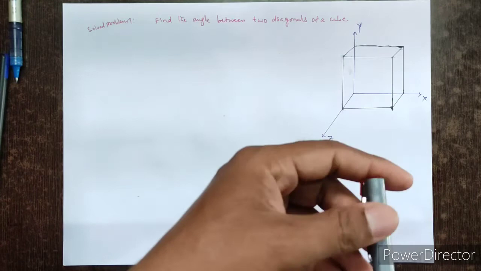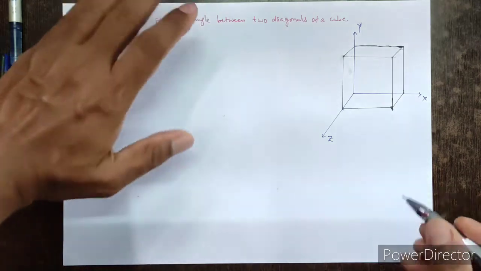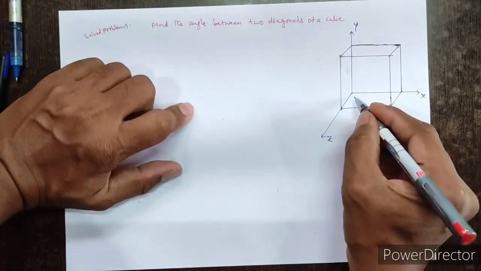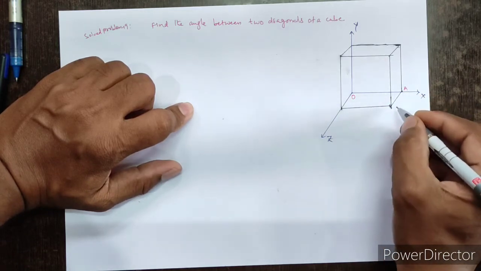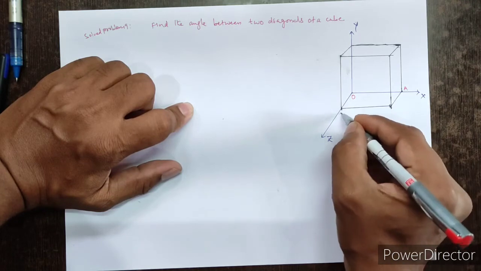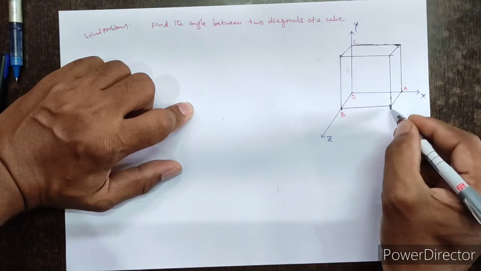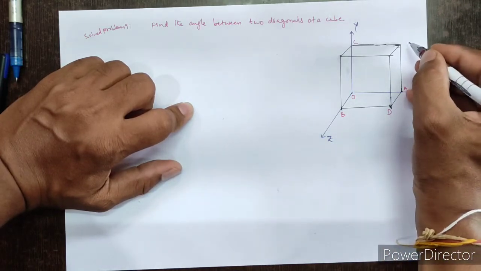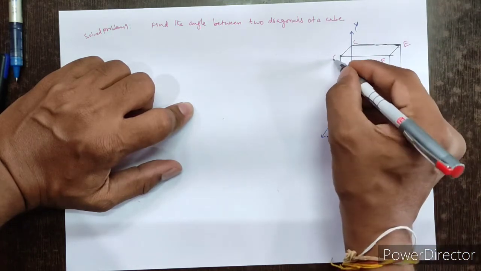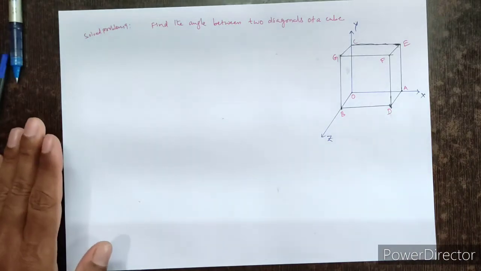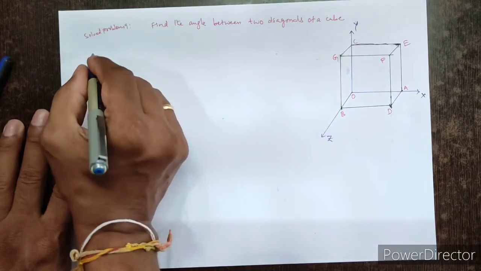See, this is the cube, origin, this is the point A, B, C, D, E, F, G. See, solution.